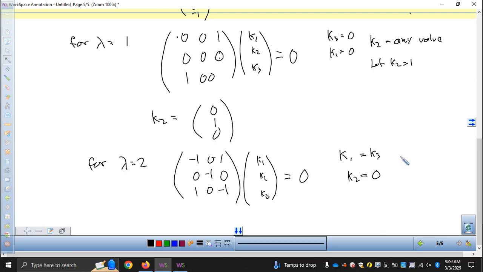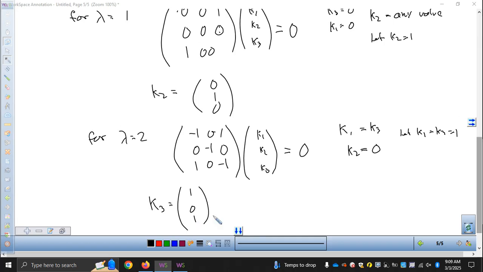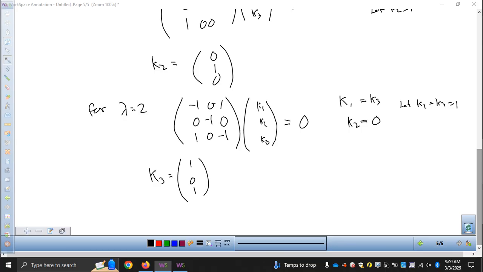So I'm going to let k1 equal k3 equal 1. So the column vector is going to be 1, 0, 1. And we can see that neither of these two can be scalar multiples of each other, so they are linearly independent.